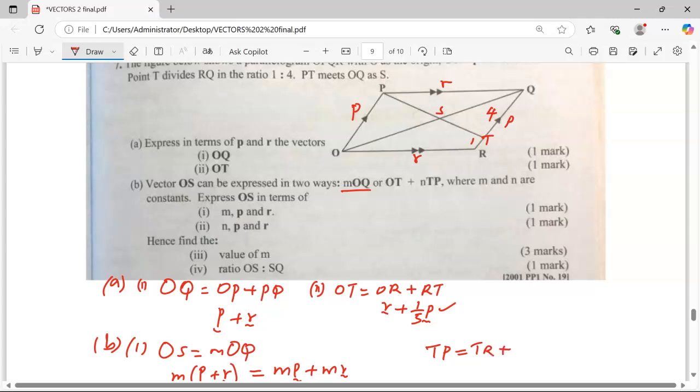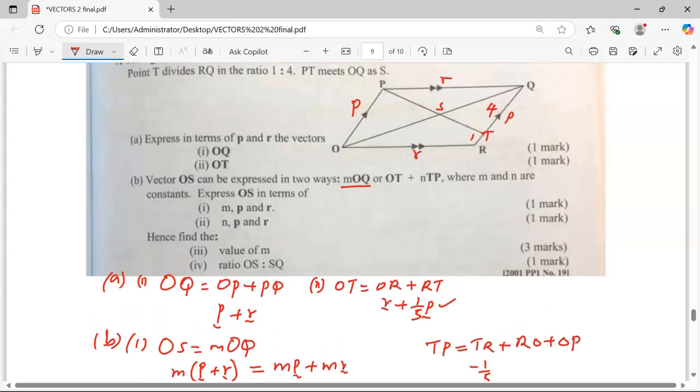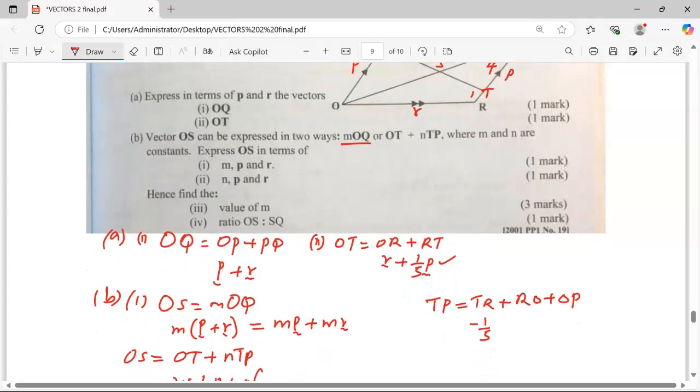From TR, we go from R to O, then from O, we move to P. We know TR will be -1/5 of the whole line RQ, which is P, plus OR is R, meaning RO will be minus R vector, then plus OP, which is P vector.